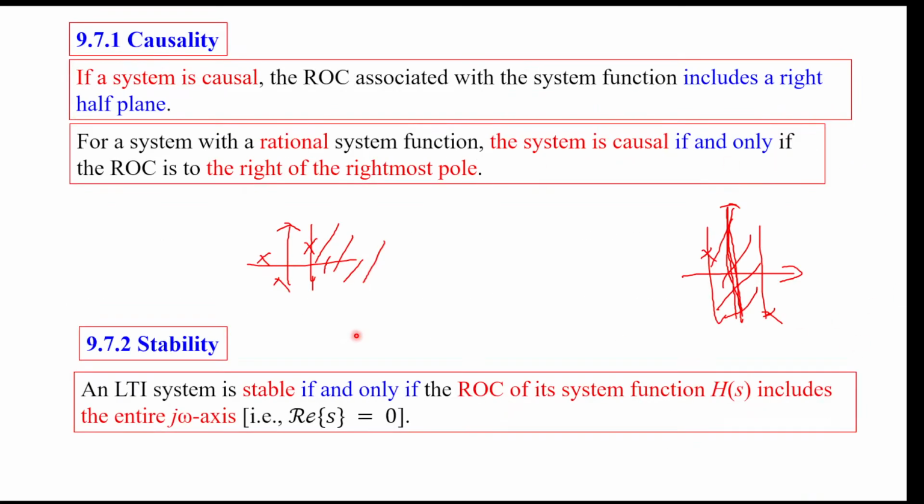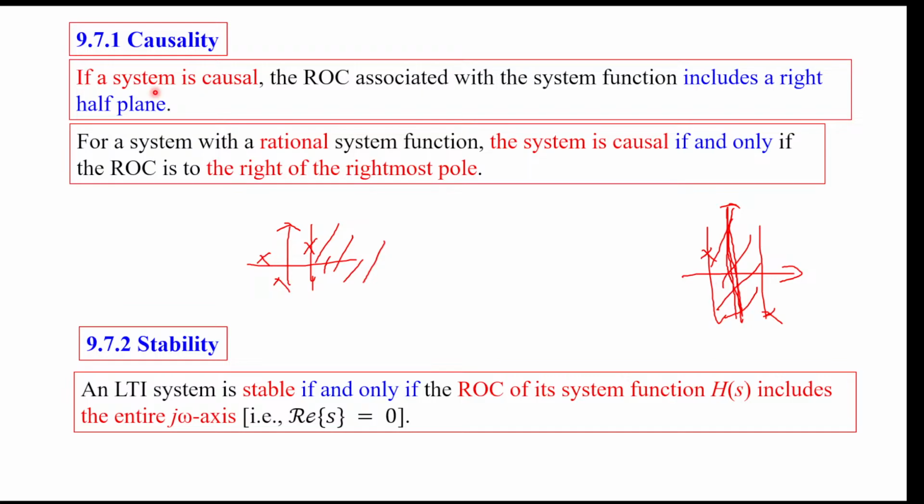And here is a slide as a reminder. If your system is rational, then it is causal if and only if your ROC is right-sided.